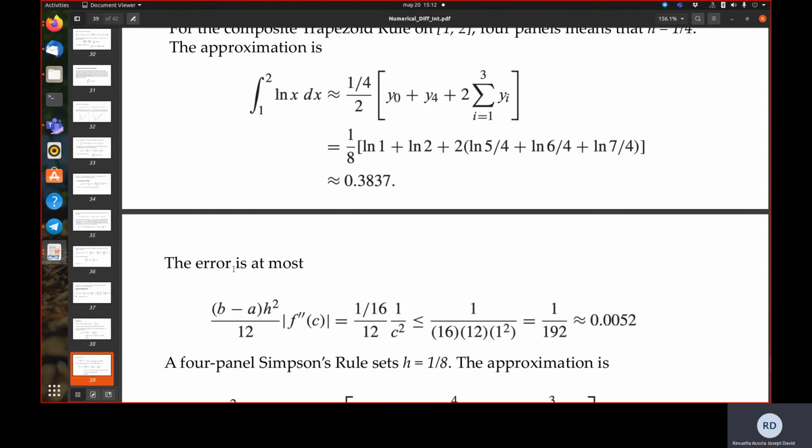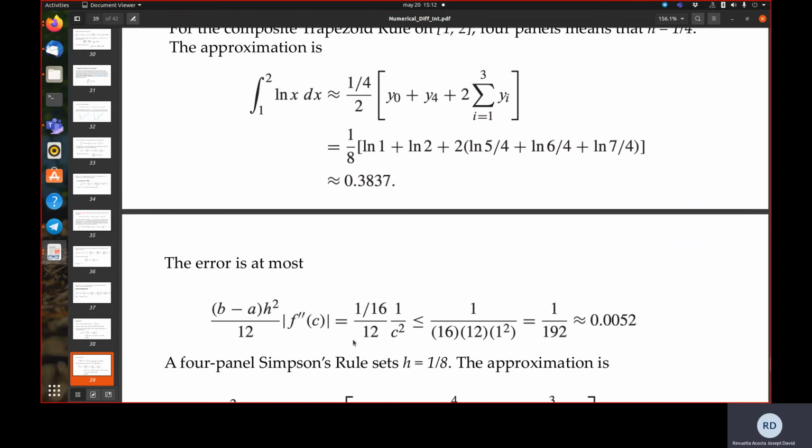So then the error is at most, because we do not know actually the fourth derivative, we can calculate it if you want, but it's still more tedious. So what we do then is approximate it by this expression, as I already said, which is just the formula here. So you have 1/6, of course, you just have to take the square of 1, and then square of 1/4 to a square, 1/16.